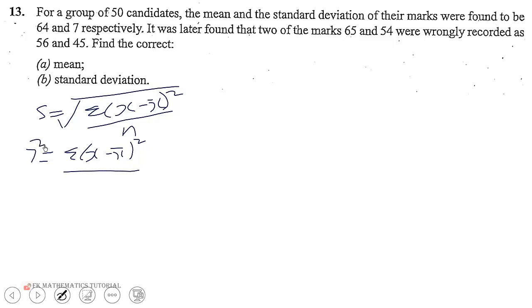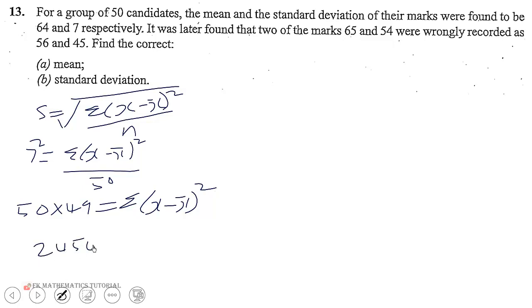So squaring both sides, n is 50. So 50 times 49 will be equal to the summation of the deviations squared. So 50 times 49 will be equal to 2450. So that is the summation of the deviations from the mean squared.